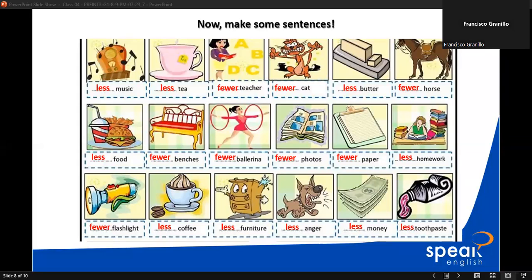Okay, where is the next? Sorry. Horses. Fewer horse. We have fewer horse in the farms. Granja. Farms. Yes. We have fewer horse in the farm.